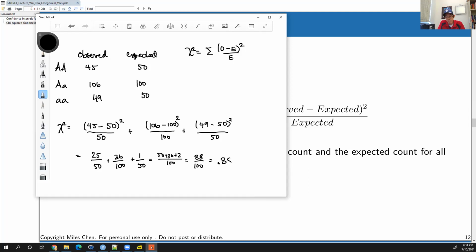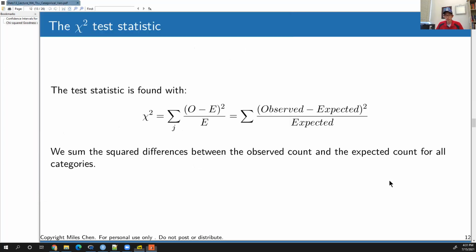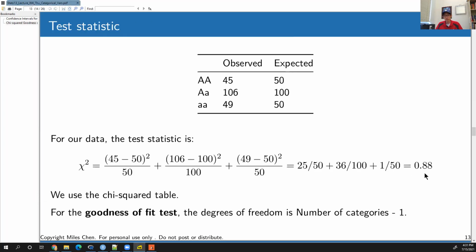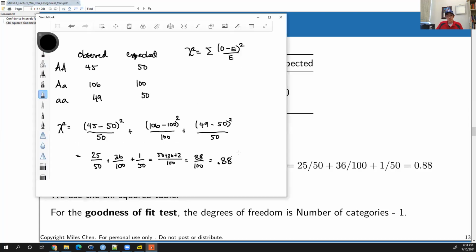I get a chi-squared statistic of 0.88, I believe. So this is the work to get my chi-squared statistic. This is my test statistic, my chi-squared value.